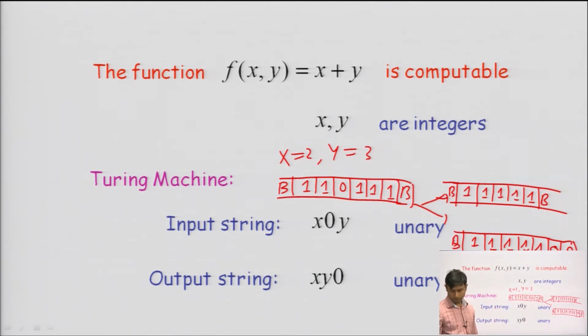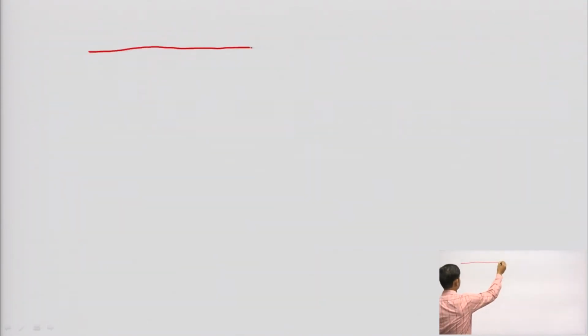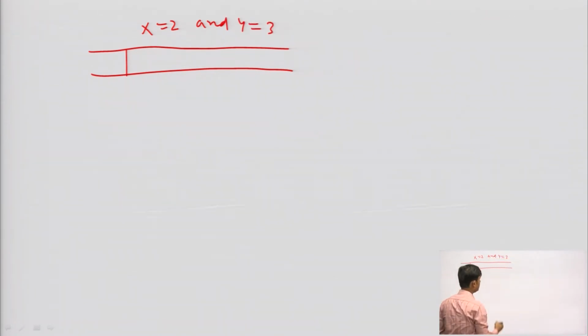We will go to addition of two numbers now, which we are doing. See here. What you have to do is read all 0, you have to input. Suppose, let me do the example, x is 2 and y is 3.